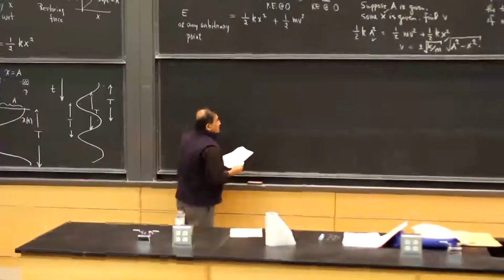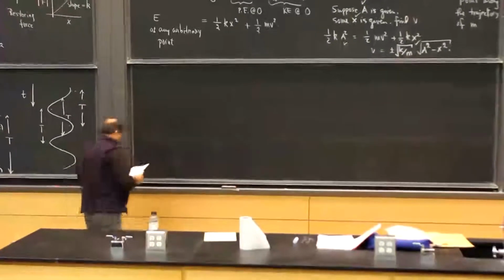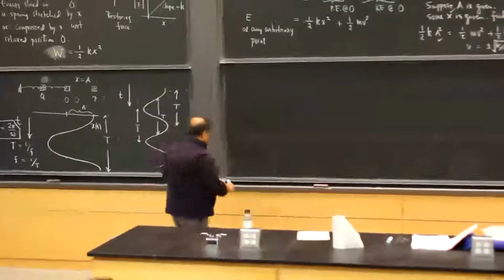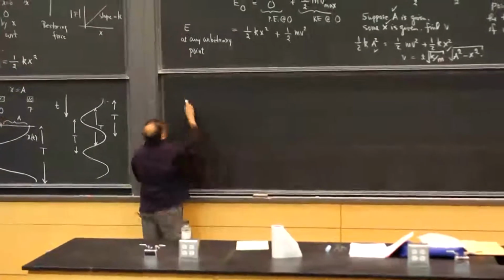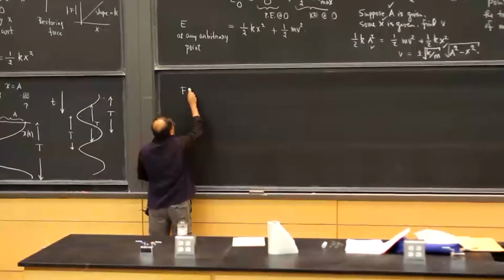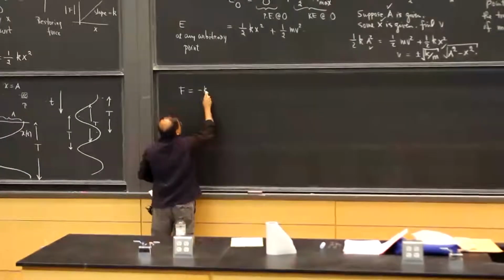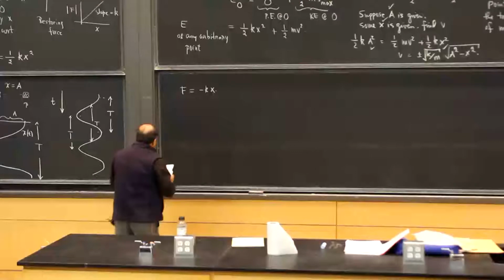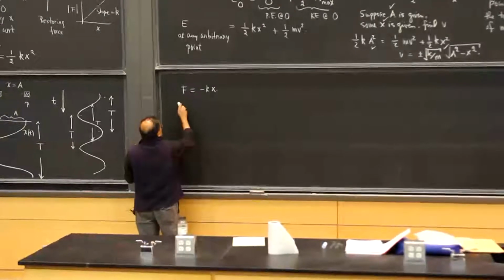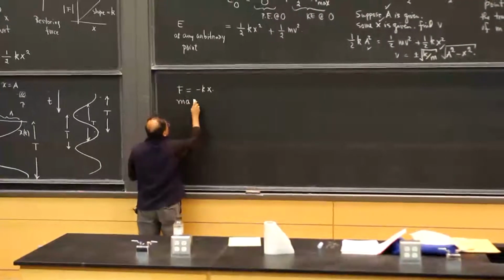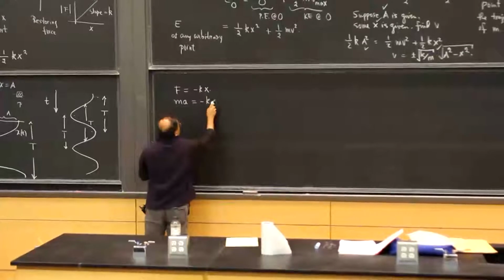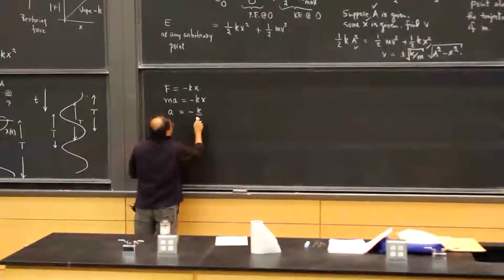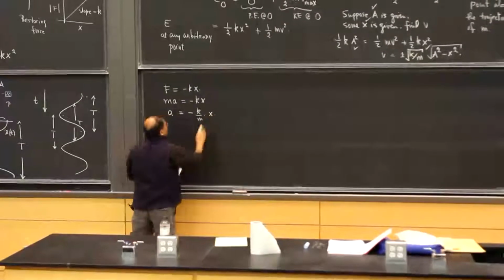So let me now go a step further and try to tell you how x varies as a function of time. So first, let's write down that Hooke's law tells us F equal to minus kx, which means since F equal to ma equal to minus kx, we can write acceleration as minus k over m times x.